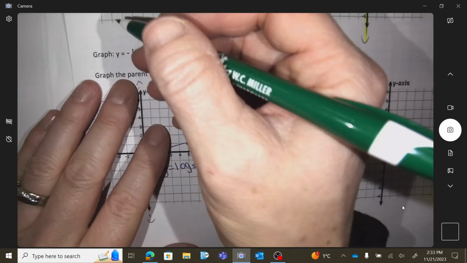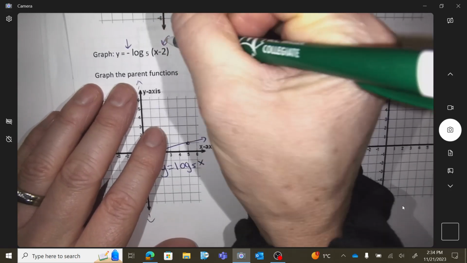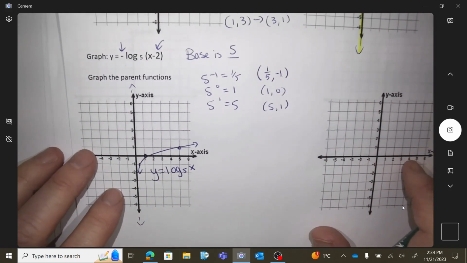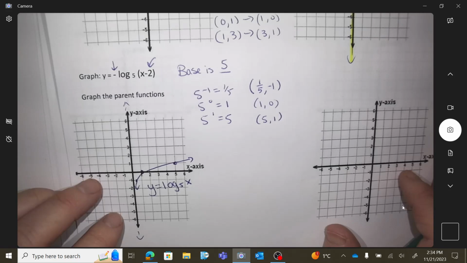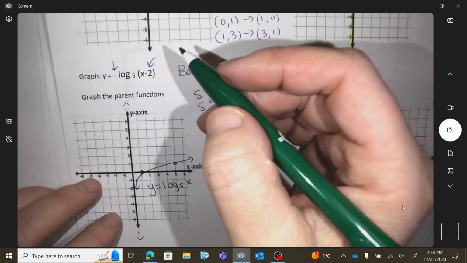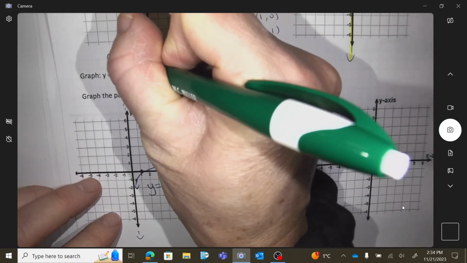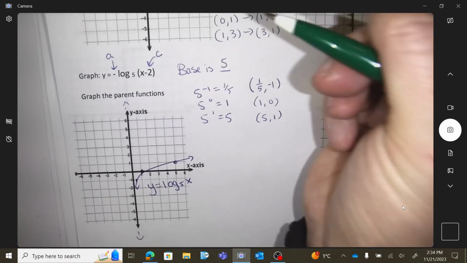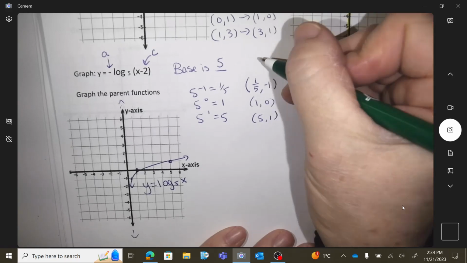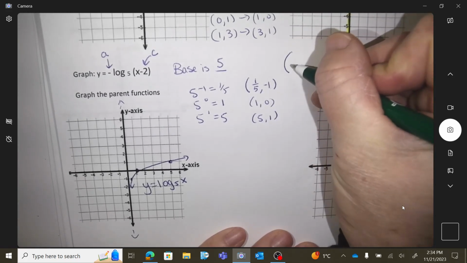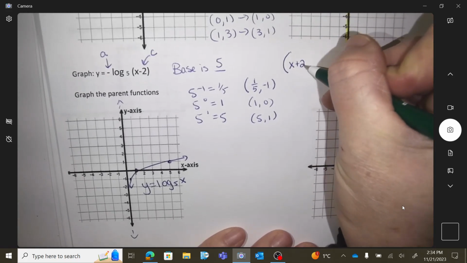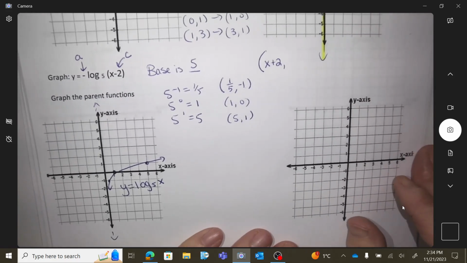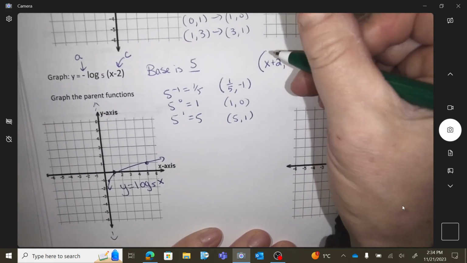Okay, so let's talk about transformations now. A, B, C, or D, what do you think? A, do we agree A in front? And C. Okay, so now I'm going to go x plus 2, right? Add 2.